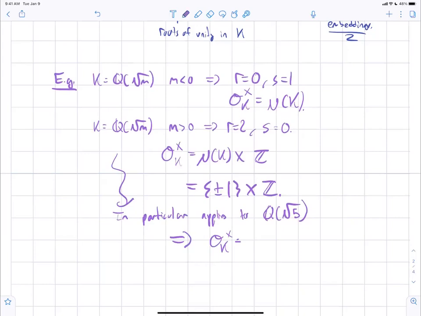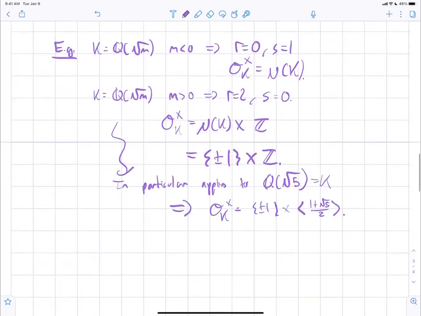the unit group of the ring of integers here is really plus or minus 1 times the group generated by the unit we wrote down earlier, (1 plus √5)/2. This is called a fundamental unit.